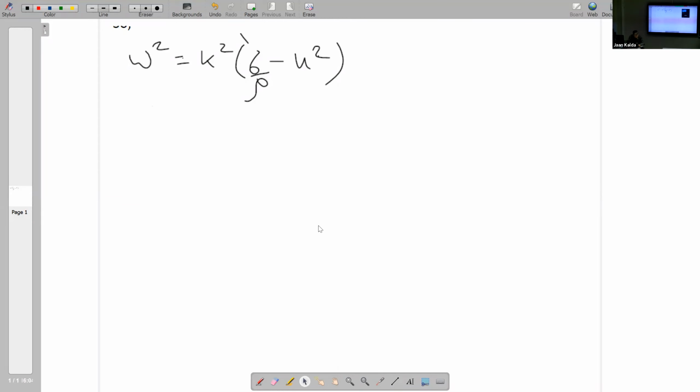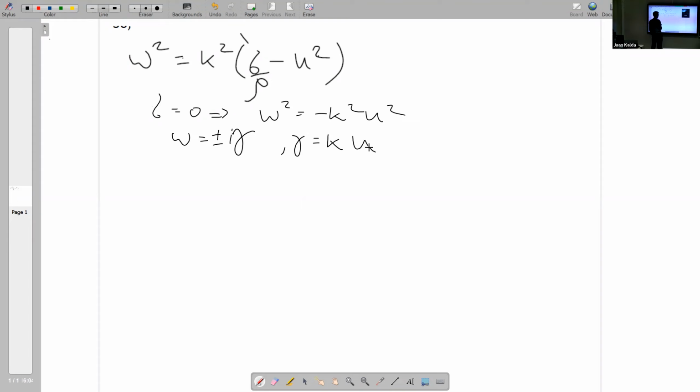So here is the formula we derived last time, and then I commented that if omega square is negative, then, let's suppose sigma equals 0, for instance, we have omega square equals minus k square u square, and omega equals plus minus i gamma, where gamma equals k times u.